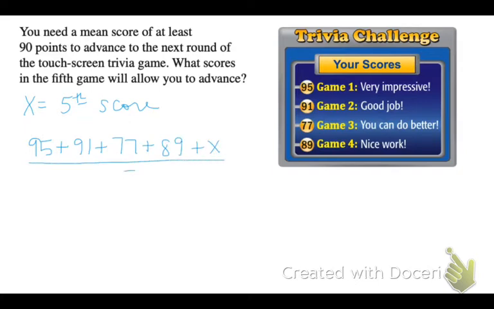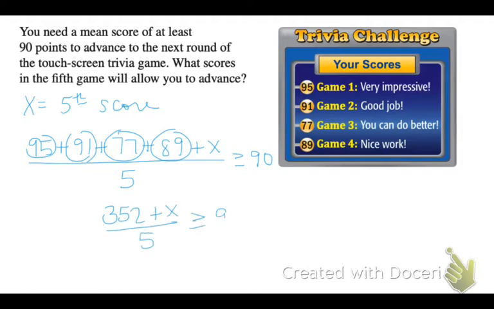All of that divided by 5 has to be greater than or equal to 90. So on the left, we'll combine the like terms, so we can basically add all of these numbers together. And if we add them up, I got 352. So 352 plus x divided by 5 is greater than or equal to 90.